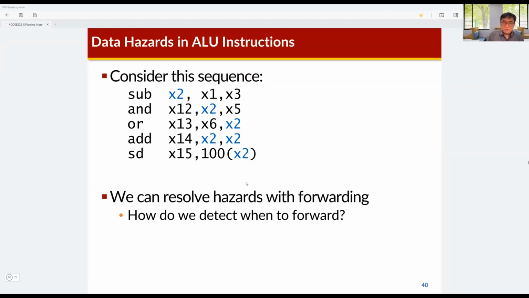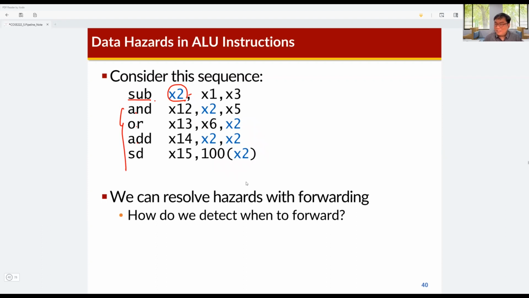In this example code, you can find that the result of sub is stored in register X2, and then the following instructions, AND, OR, add, and SD, all require the result from the former sub instruction.